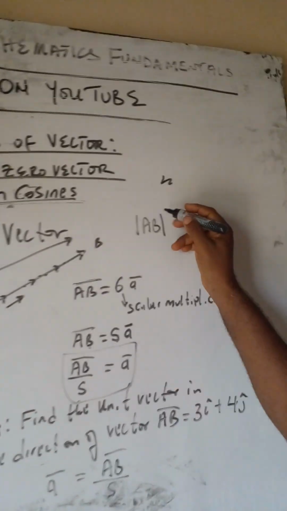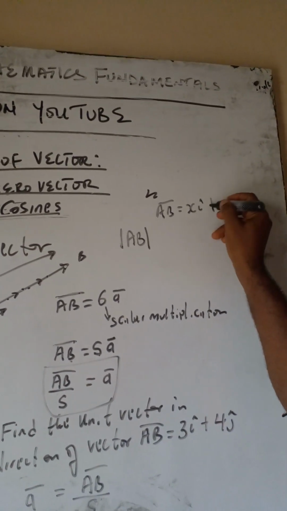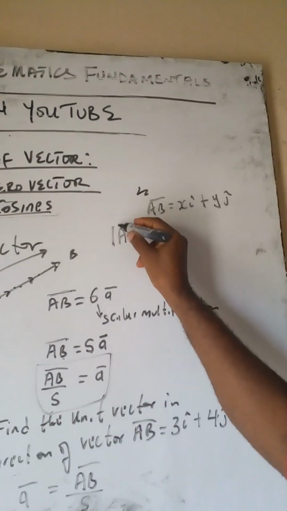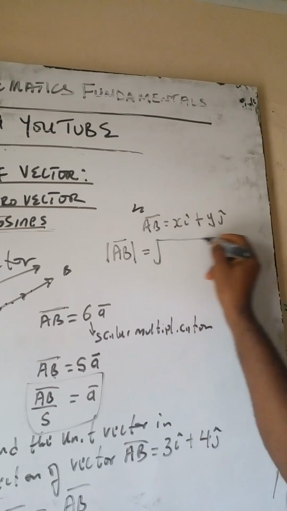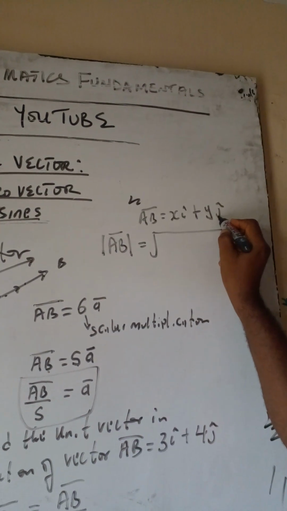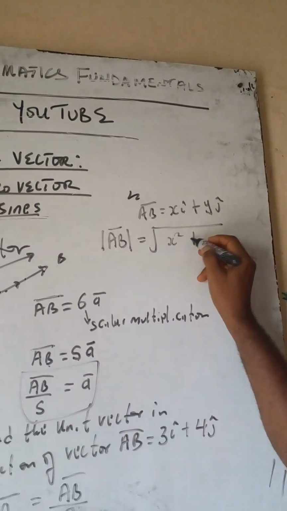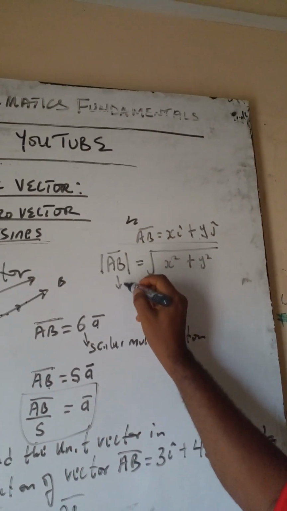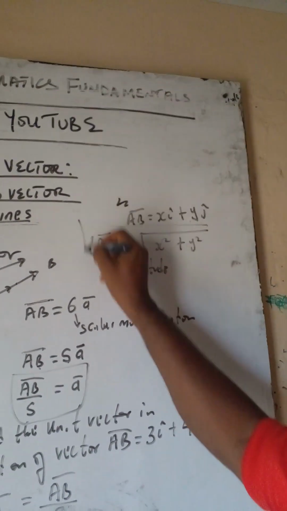If vector AB is given as xi plus yj, the magnitude, that is the size of that vector AB, is given using Pythagoras theorem as the square root of the coefficient of unit vector i squared and the coefficient of unit vector j squared. You square the coefficient of the respective unit vector. That's the magnitude of vector A. Please take note of that.